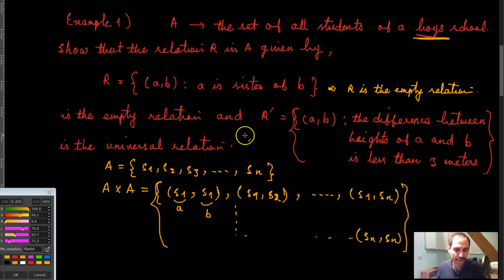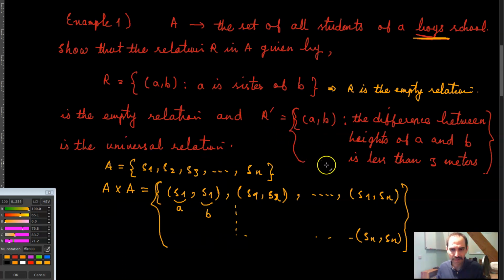Therefore this condition includes all of the ordered pairs (A, B) in the Cartesian product of the two sets.